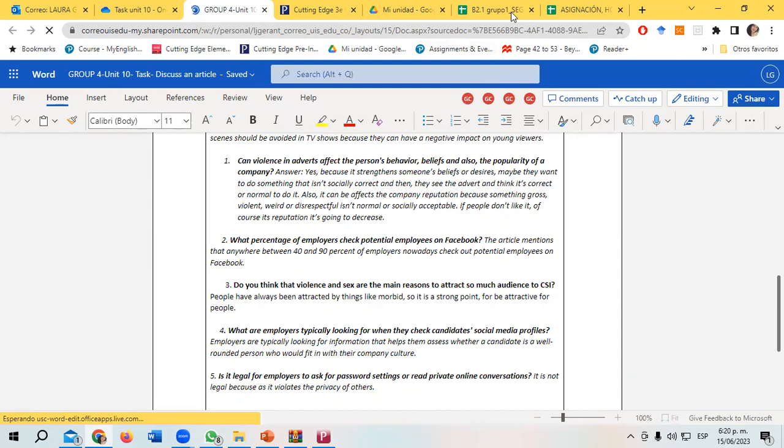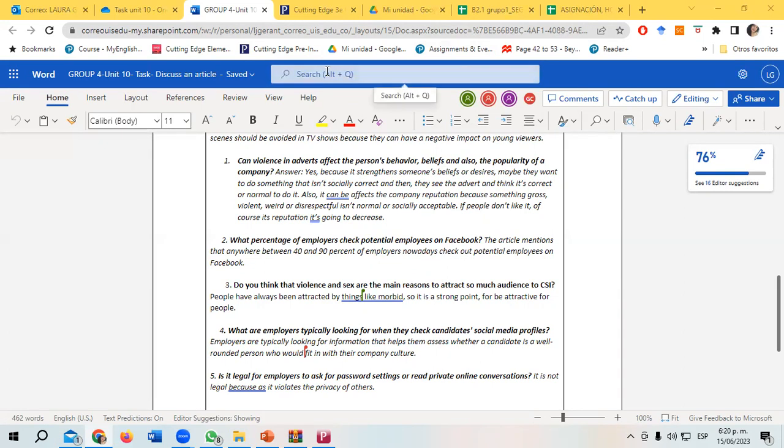Okay, teacher, I'm going to read. The first one: can violence in adverts affect a person's behavior, beliefs, and also the popularity of a company? The answer is yes, because it strengthens someone's beliefs or desires.